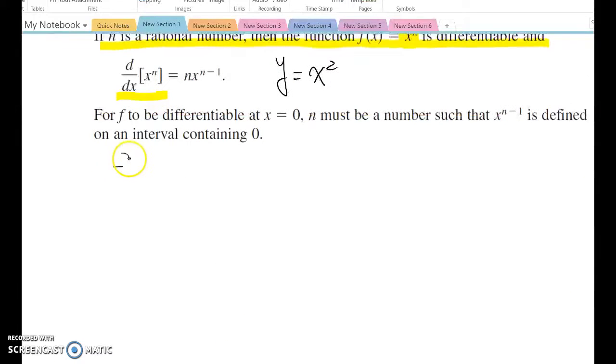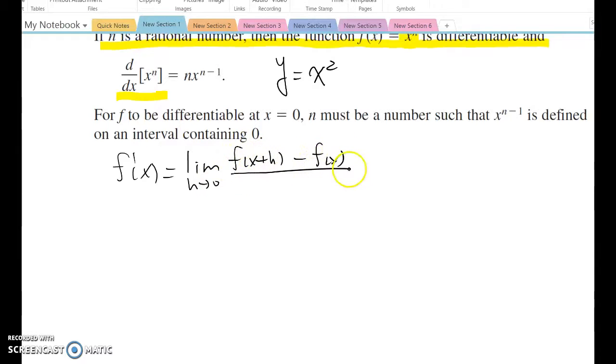As you know, f prime x equals the limit as h moves to 0 of f(x plus h) minus f(x), over h. So I'm going to look for this form first, which is f(x plus h) equal to (x plus h) squared.